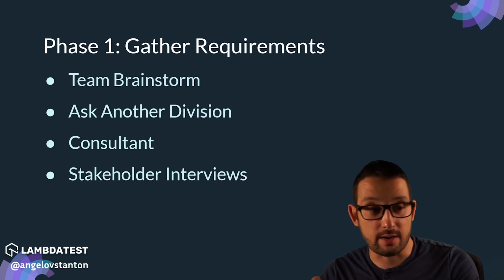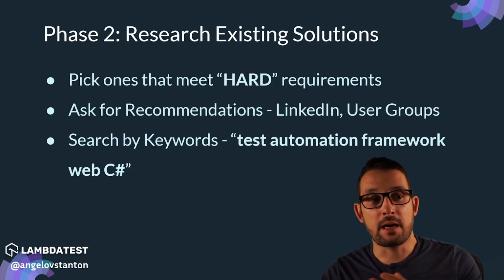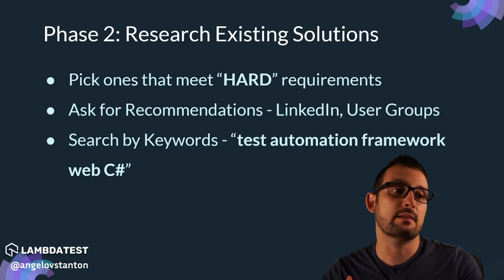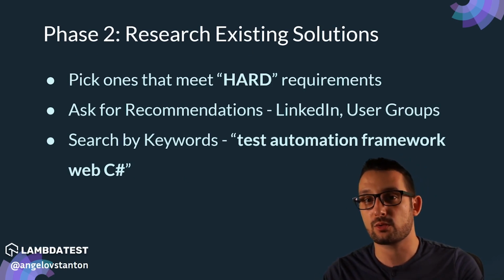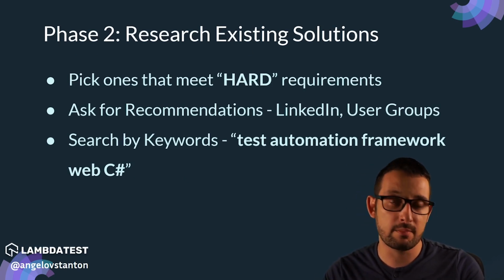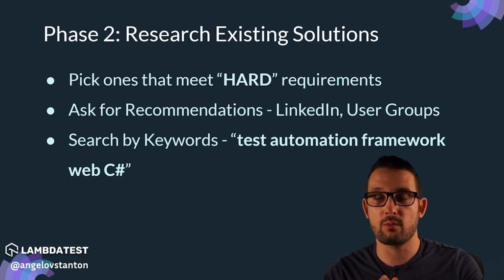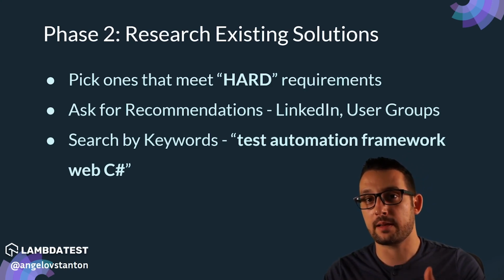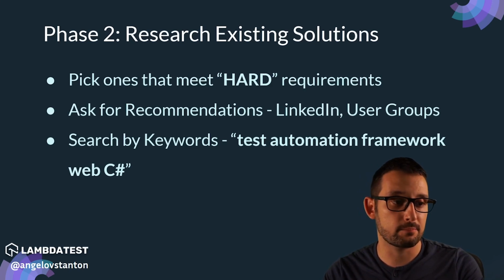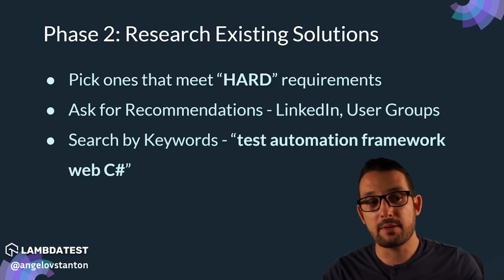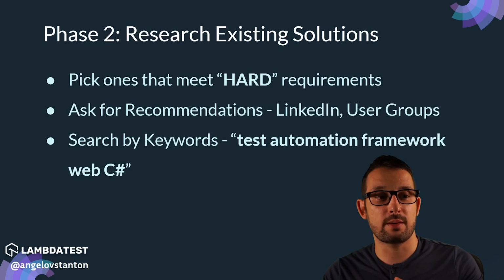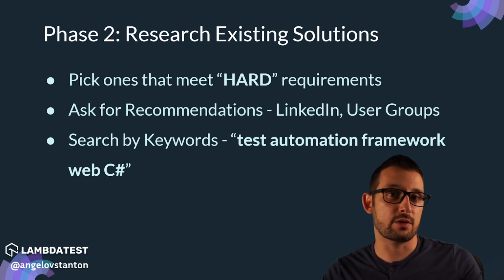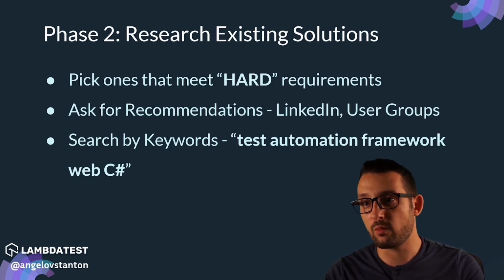Now, during the second phase, we need to research existing solutions. There are many of them. In a minute, we will review and I'm going to show you how to do that. But maybe we need first, in order to be able to filter all of the different solutions, because there are so many of them, we want to pick just 3 up to 5.